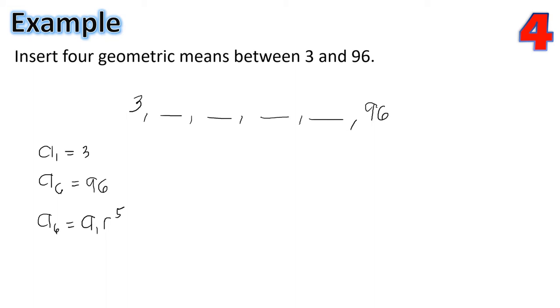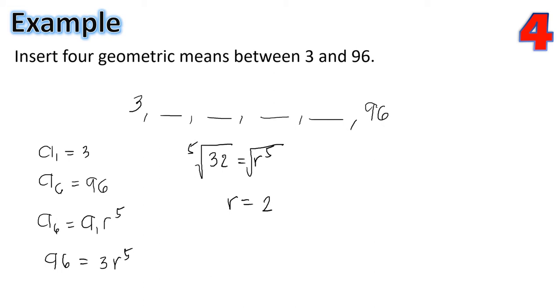Substituting A sub 1 equals 3 and A sub 6 equals 96, we have 96 is equal to 3 times R raised to 5. Dividing both sides of this equation by 3, we have 32 is equal to R raised to 5. To get the value of R, we get the fifth root of both sides. The fifth root of R to the fifth is R, and the fifth root of 32 is 2. Hence, the common ratio of this geometric sequence is 2.